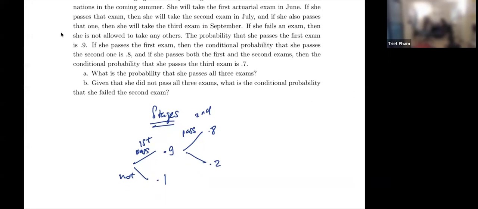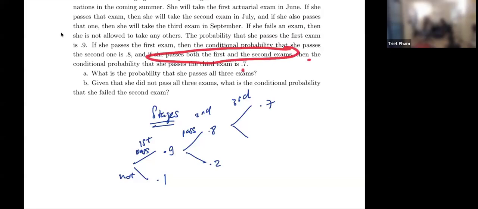Notice this tree here is like a cutoff tree. That node doesn't move on. Of course, if she doesn't pass the first exam, that's the end of the story. And then, of course, the next one will be the third exam, where she would pass with probability 0.7. Notice again, this is a conditional probability, and then 0.3, correct? Again, this tree is not strictly necessary, but it is helpful for a small problem like this to visualize, because we can answer the question easily.